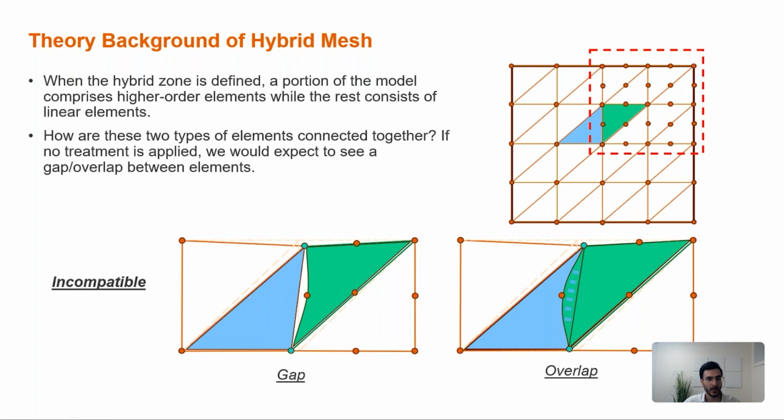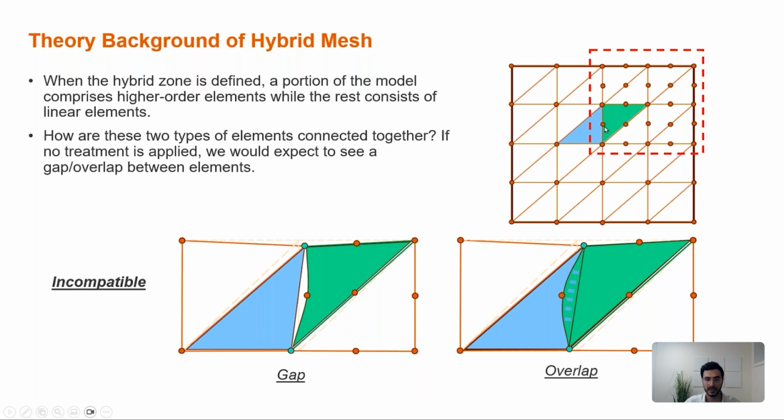However, when combining 2 types of mesh with different orders, we have some challenges. As Sina mentioned, we have a zone which we call the hybrid zone. Inside this zone, we have higher order elements, and outside of the zone, we have lower order elements. At the boundary of higher order and lower order elements, we have some challenges, because there are some mid nodes that are located here, but they're part of the higher order and not part of the lower order.